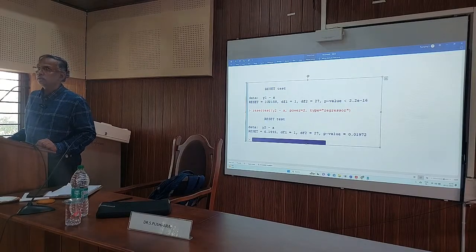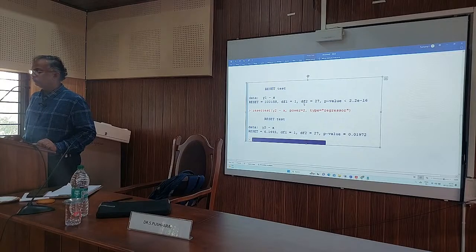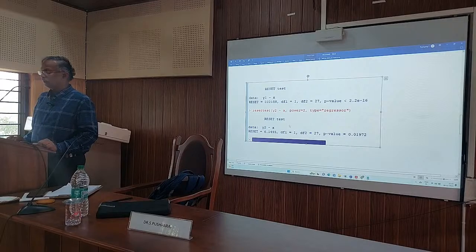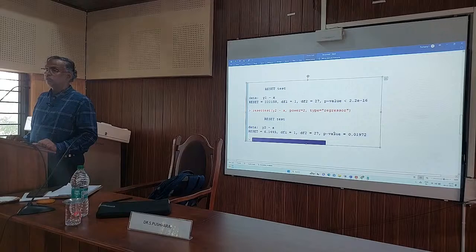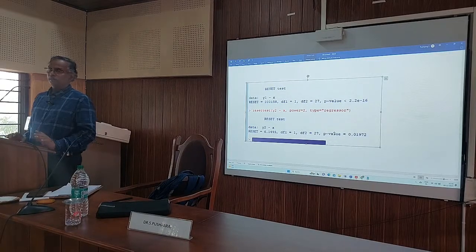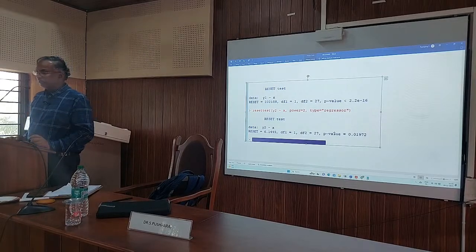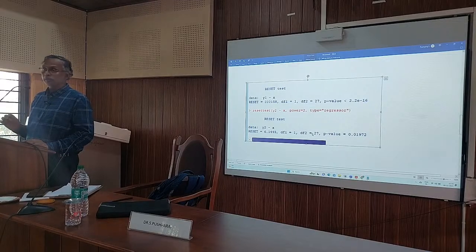How much different is it? What about the p-value? What about y2? Okay, p-value? Anyway, with this you can see, to an extent, the p-value here also is 0.01.